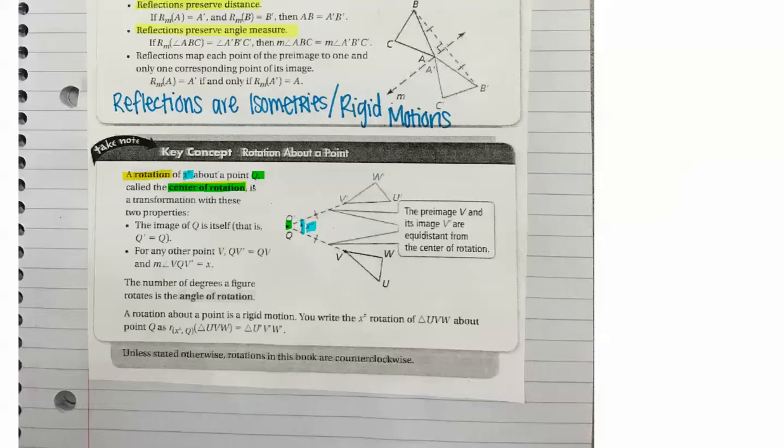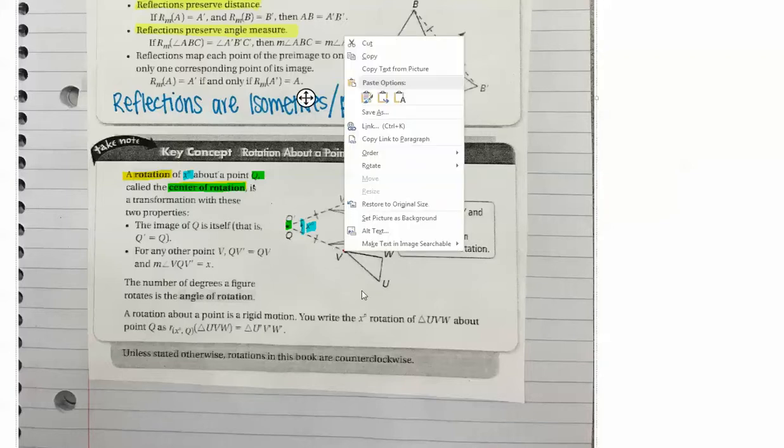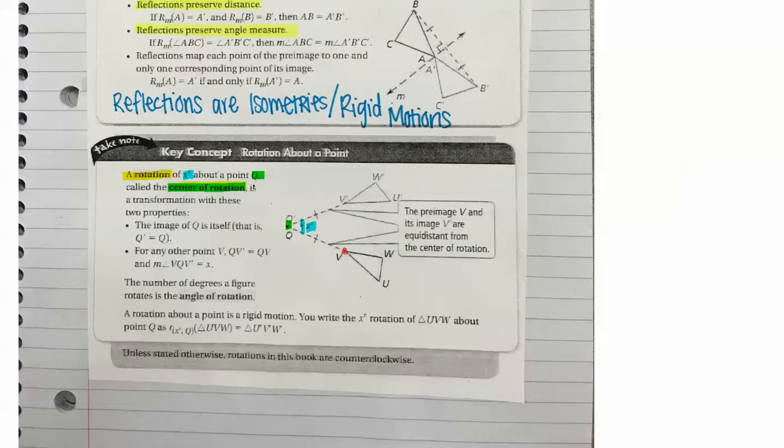What the x degrees is telling you is, let's say we have a point V right here, and it is rotating x degrees, and it becomes the image V prime.